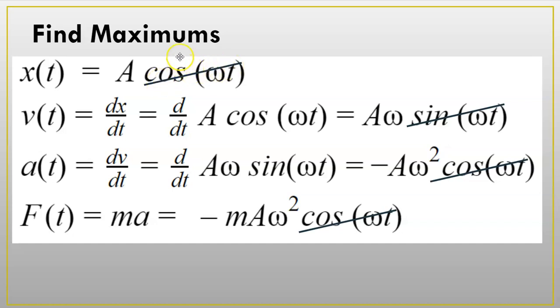So if I just cross it off and put a 1 right there, then the maximum displacement from the center line is just going to be x equals A. The velocity is going to be A omega. The maximum acceleration would be negative A omega squared. And the maximum force would be negative m A omega squared. And again, just put a 1 for all those trig functions, just strike them out. No big deal.